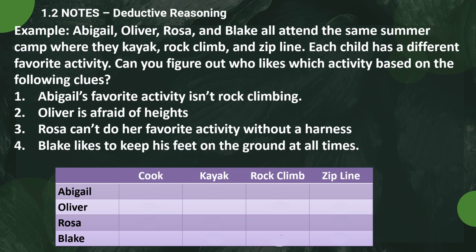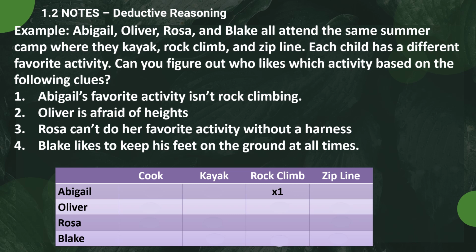We're going to take each one of these clues and try to eliminate some of the different options. So the first one is Abigail's favorite activity isn't rock climbing. Okay, so I'm going to go to my chart and put an X1.